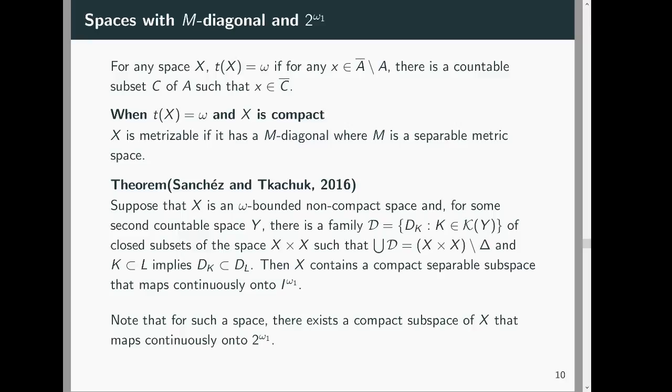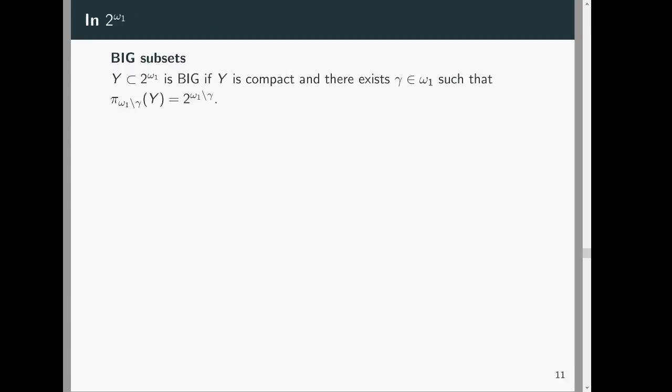So what we want to do next is investigate what happens in 2 to omega 1. Try to get a contradiction from 2 to omega 1. So a big set was introduced by Allen and Sanchez.